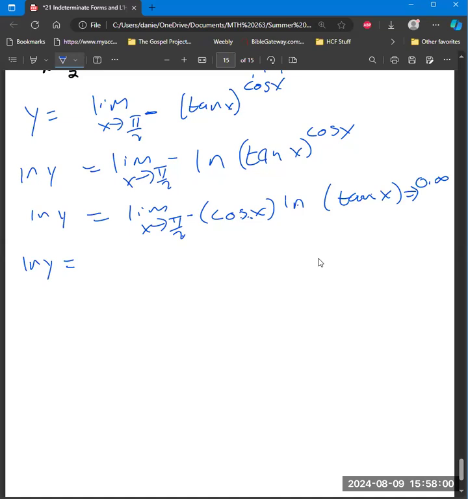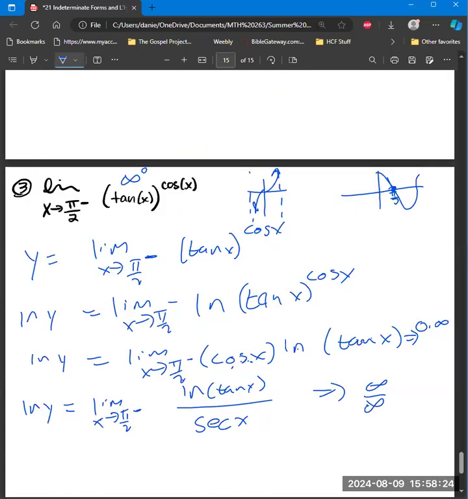I need to get this one down, so this is going to be the limit as x goes to pi over 2 from the left. Bring this down as a secant, ln of tan x, like so. And now this is going towards infinity over infinity. If I look at the graph of secant, I come up pi over 2 from the left, it's going towards positive infinity.